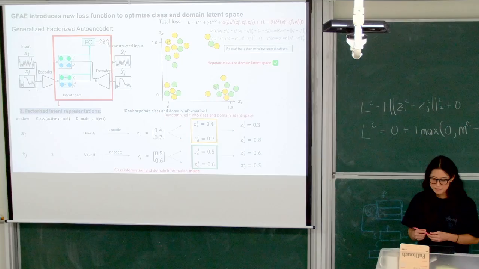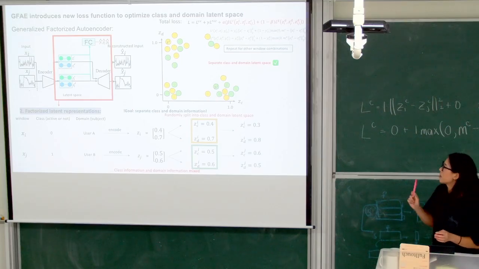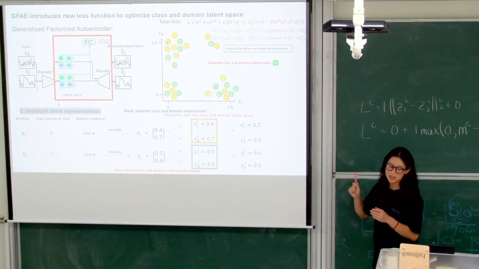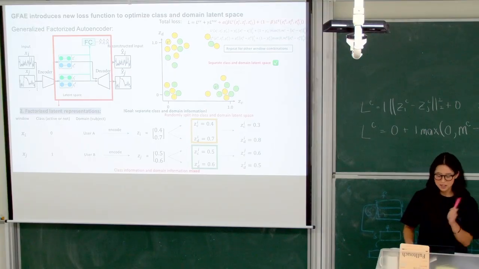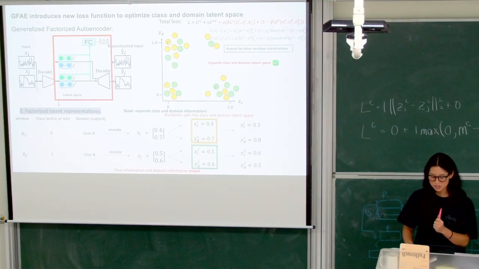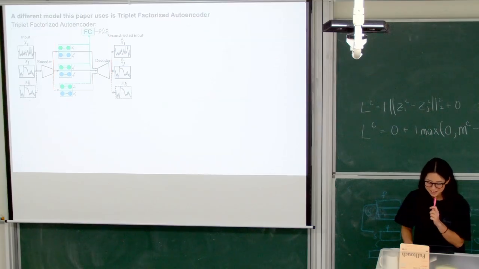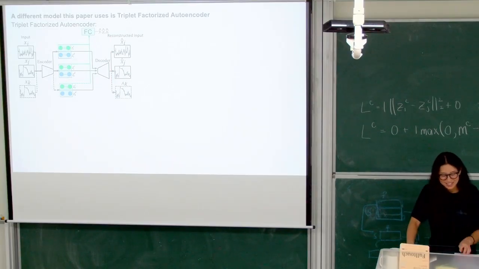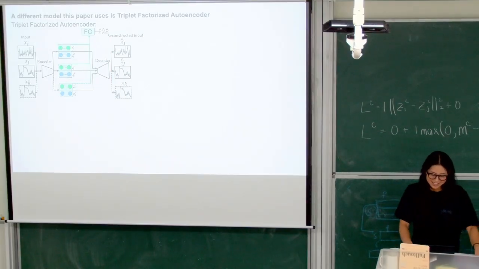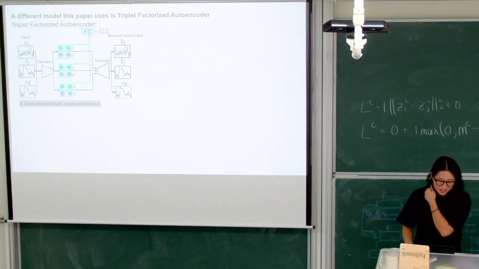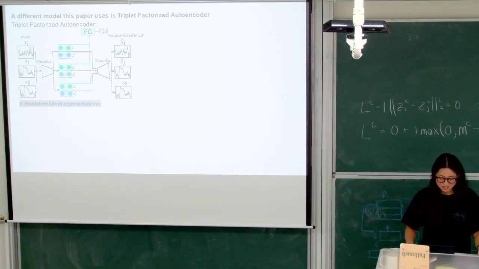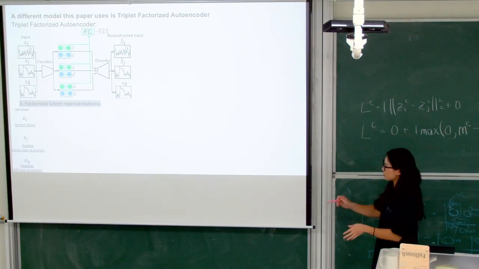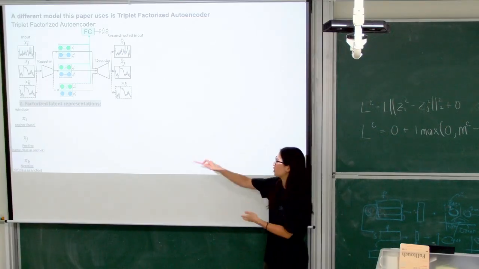So this is one of the methods that they used, and then they used a second method which is called triplet factorization. I'll just show you how they go about this. It has 3 windows this time, and they each have a name.